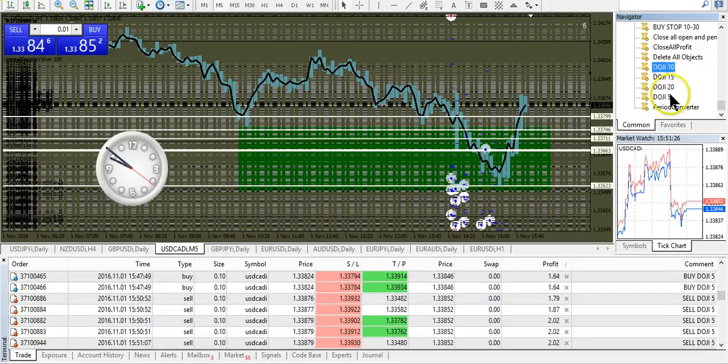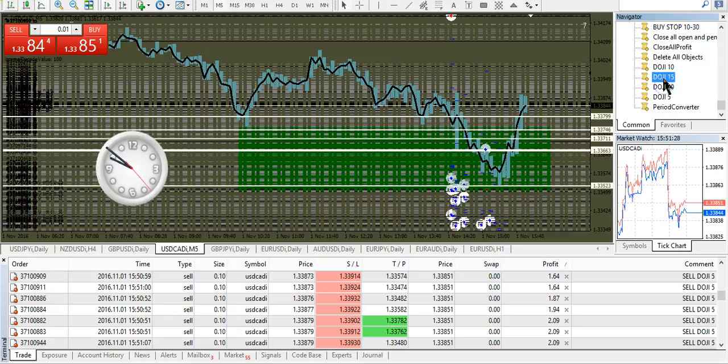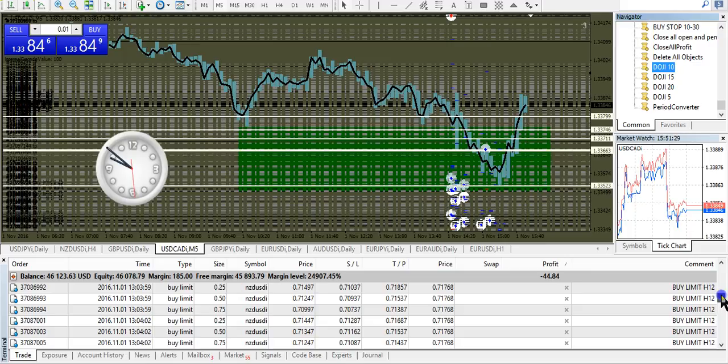I think these are some similar designs but wider exits. See if I can't blow this up. All right.